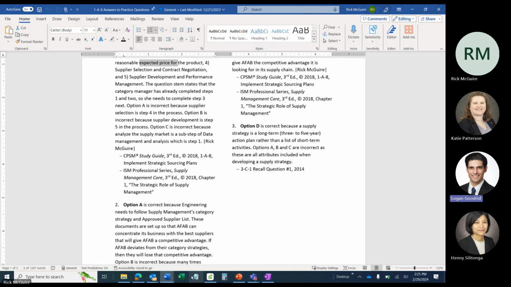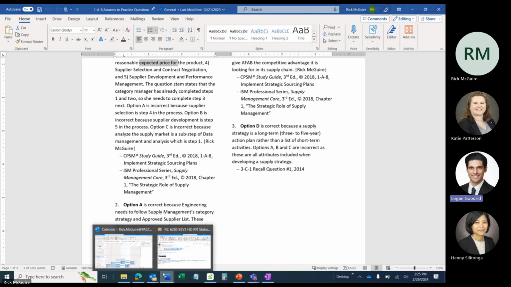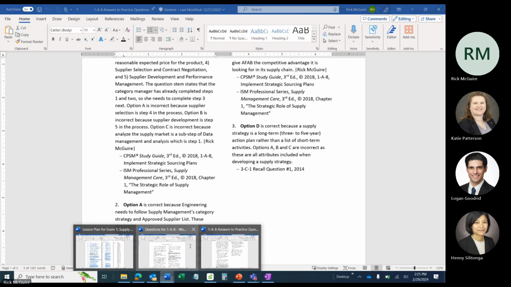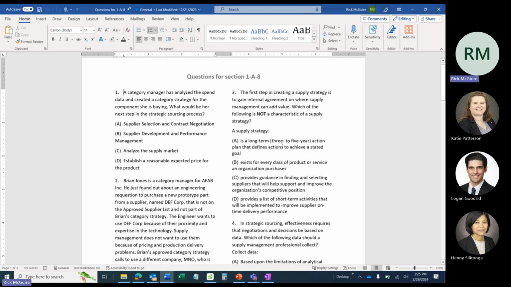So A, D. Yeah, D. Okay. Yeah, if you look at it, it's like 3 to 5 year action plan, yes. Exists for every class, yes. Provides guidance, yeah. And list of short-term activities, no, it's a 3 to 5 year thing.